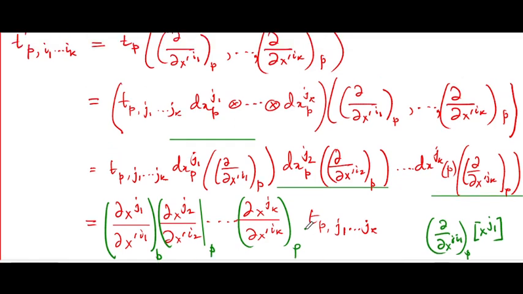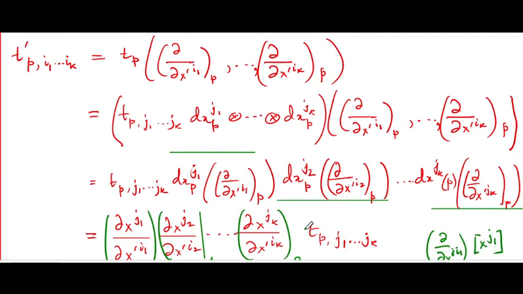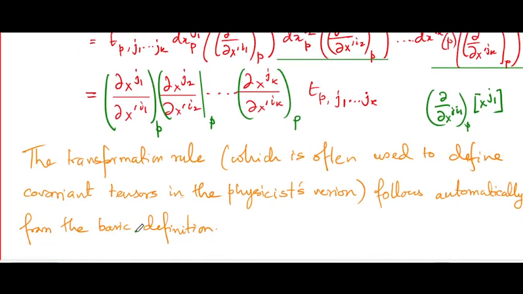So finally, the transformation rule becomes the following. T prime_p, the I1, I2, ..., Ik-th component of that, is basically a linear combination of all the components in the original frame T_p J1, J2, ..., Jk, combined with these factors. Now these factors should be pretty familiar.